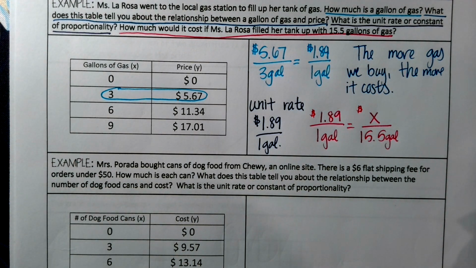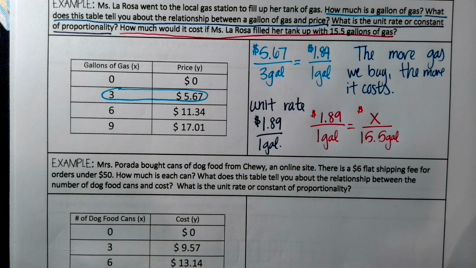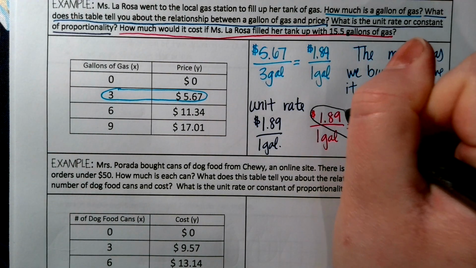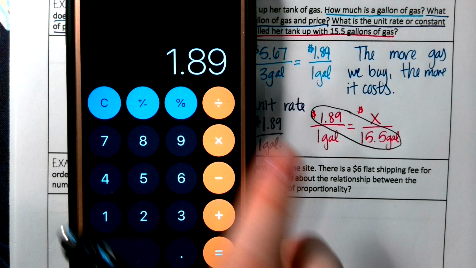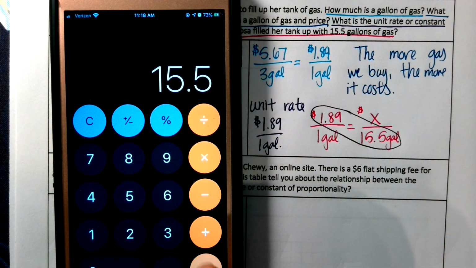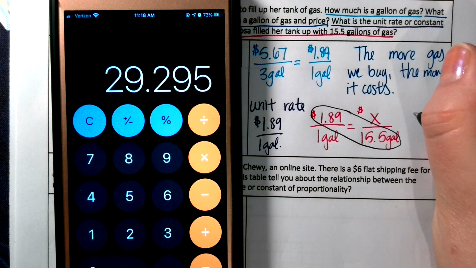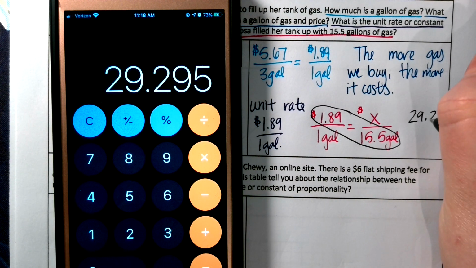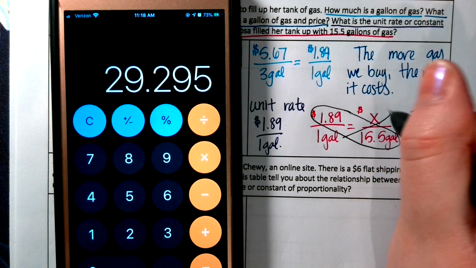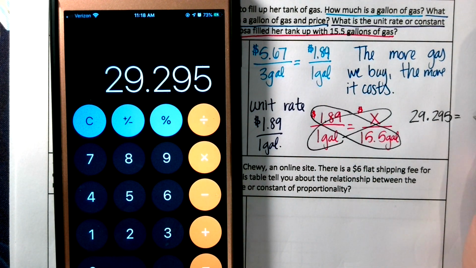So in case you forgot, when we get to this point, we need to butterfly multiply. So I need to take that 189 times 15.5, and I see that that's going to be 29.295 is equal to x times 1, which is x.